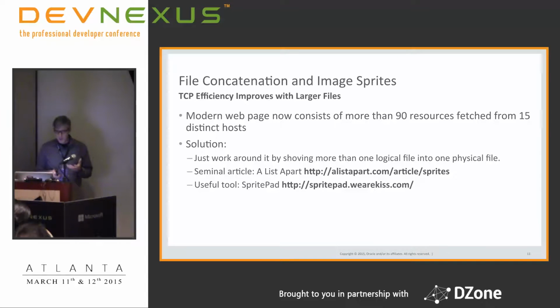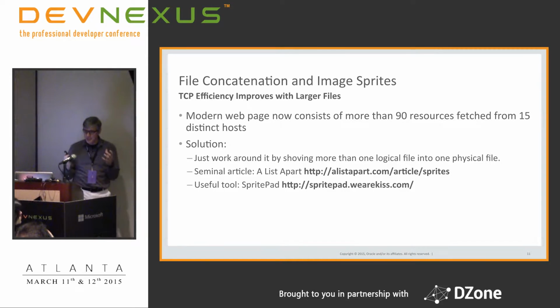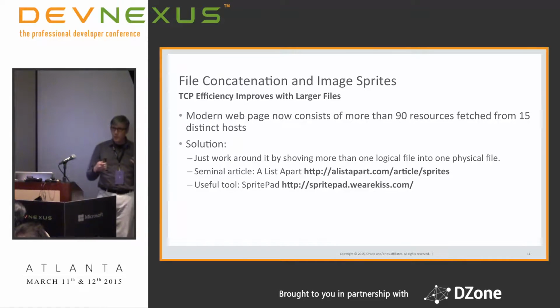So what they want to do here is leverage the benefits of TCP, the underlying network protocol that's several layers down from HTTP. There's a part of TCP called the congestion window. This is the thing that basically says, the longer the connection is open and the more stuff you send down the pipe, the faster it will get.